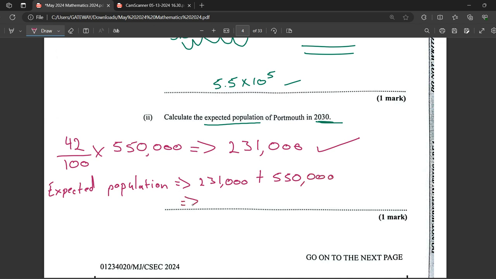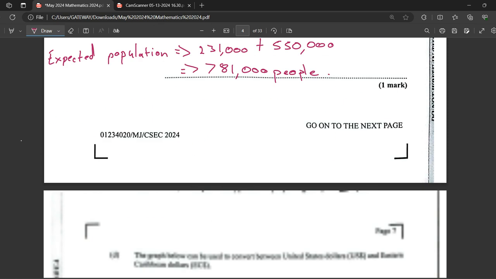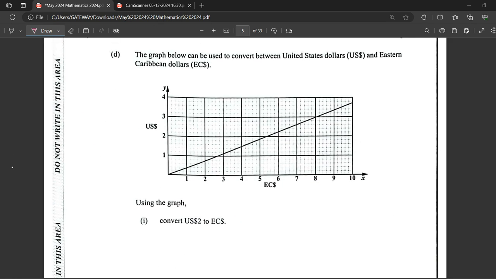So your final answer here should be 781,000 people. Yeah, people. Assuming it's people they're talking about, right? And that's basically the answer there. That is a 1 mark there. You gotta utilize the calculator.